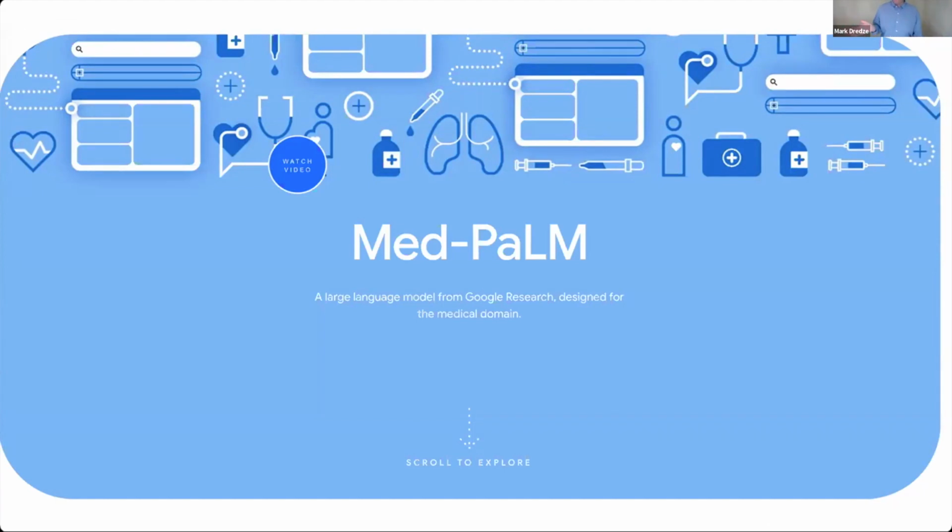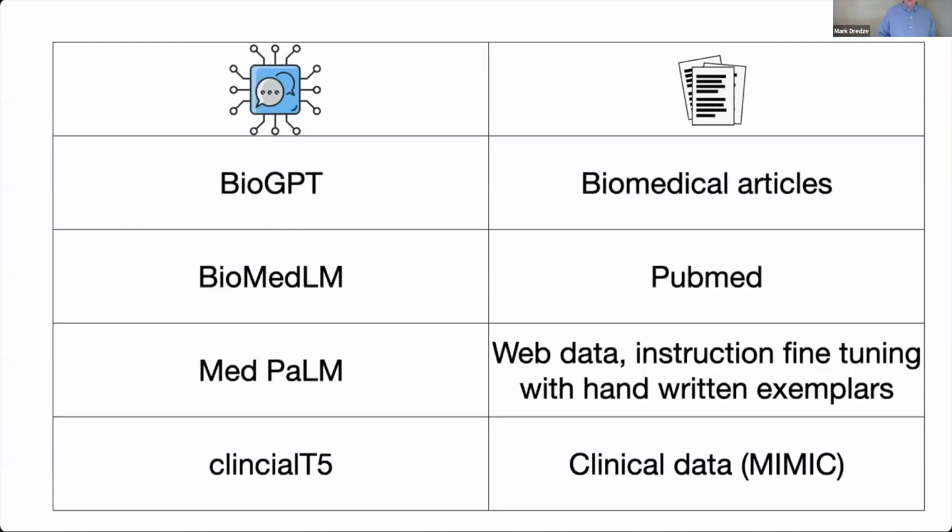And they adapted that model to the medical domain and showed it did very well in a lot of medical tests. So there's a lot of work going on here, not just in evaluating these models for the clinical and medical domains, but specifically building out models for those domains by using data from those domains.